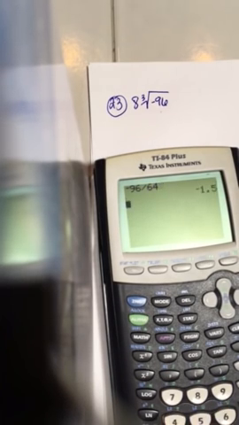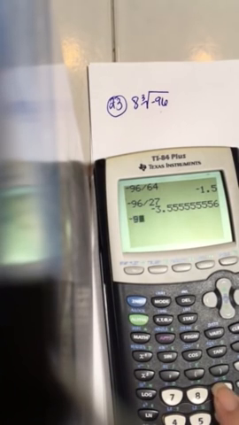Let's try 64. Oh, negative 1.5. Not going to work. So, negative 96 divided by 27. Oh, not going to work. Okay. Negative 96 divided by 8. There we go. So negative 12 and 8.